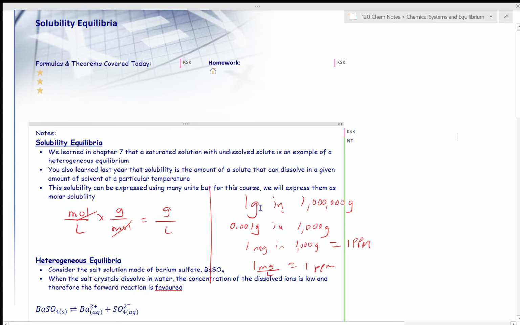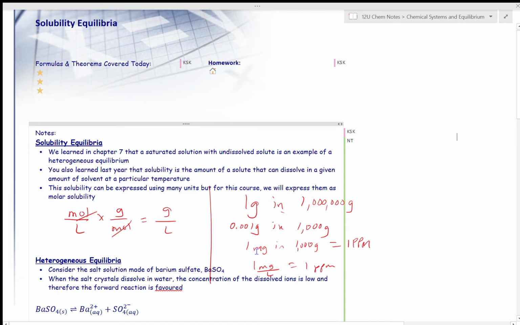1 gram in a million grams represents 1 part per million. If I take this gram and divide it by 1,000, and take this million and divide it by 1,000, I get 0.001 grams in 1,000 grams. Well, I can convert this 1,000 grams into kilograms, and I can convert this 0.001 gram, or 1,000th of a gram, into milligrams.